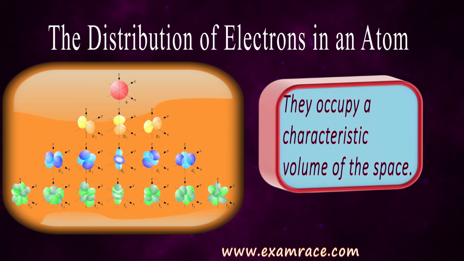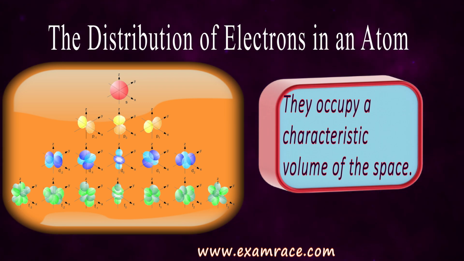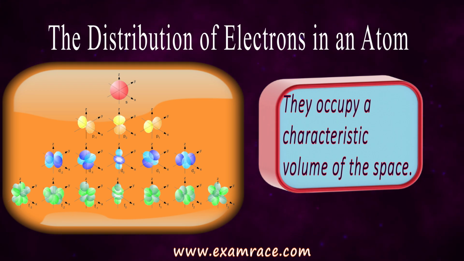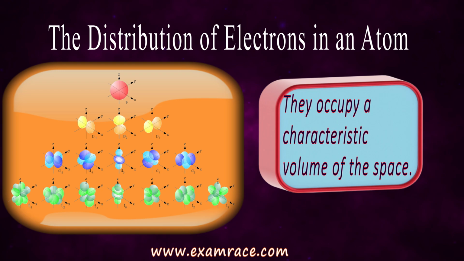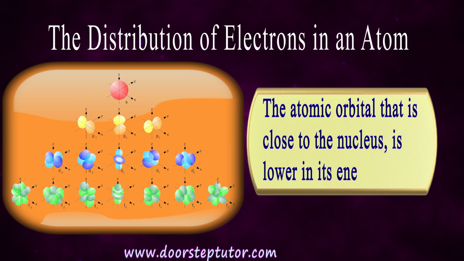As we know that the volume of an atom is determined by electrons, and these atomic orbitals contain electrons, that's why they occupy a characteristic volume of space. The atomic orbital that is close to the nucleus is always lower in energy.